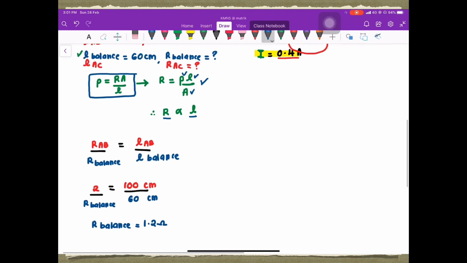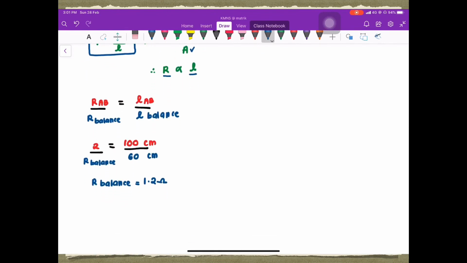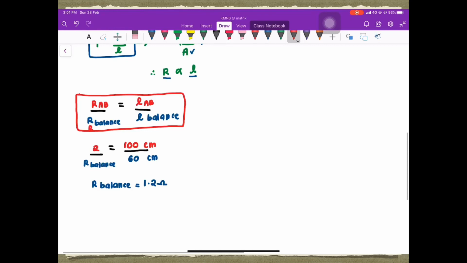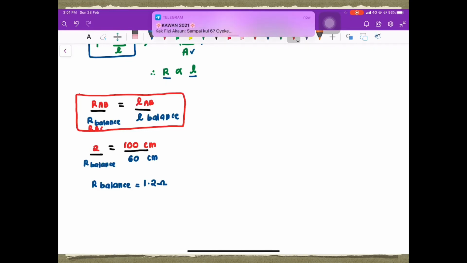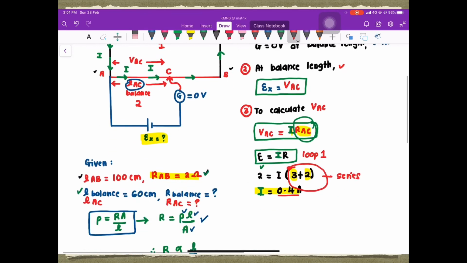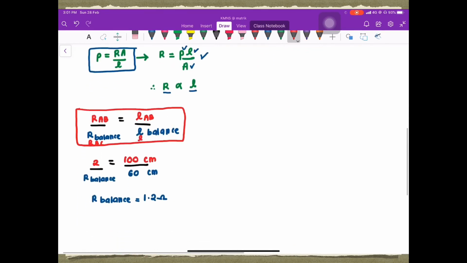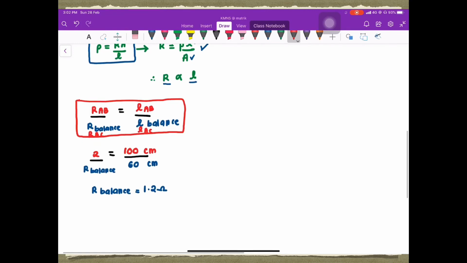That's why we come up with the idea: RAB over R balance, where R balance refers to RAC, equals LAB over L balance, where L balance refers to LAC. Substitute the values. We find R balance equals 1.2 ohm. This is the value of RAC.